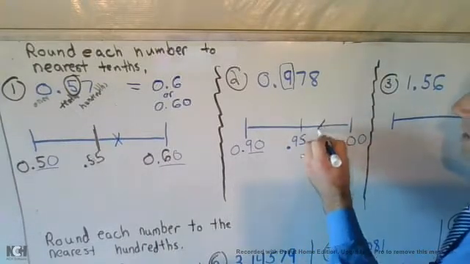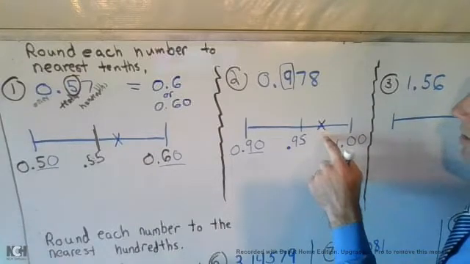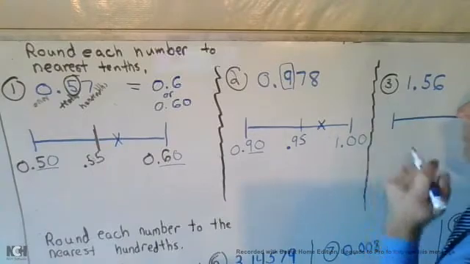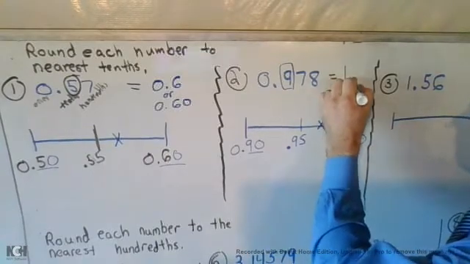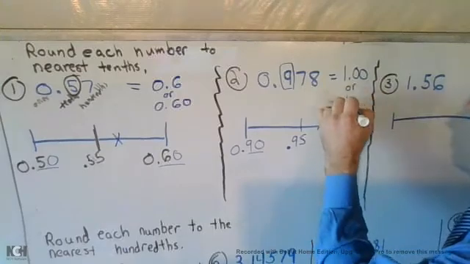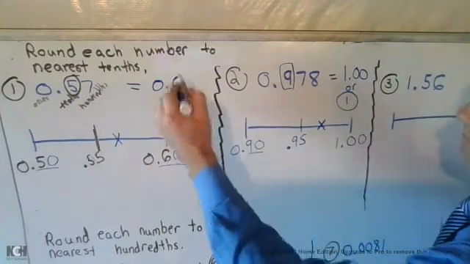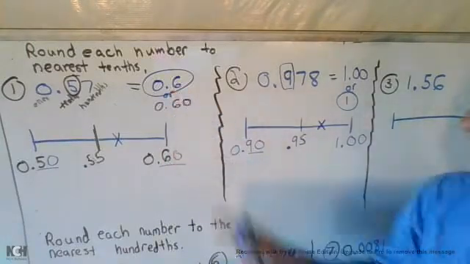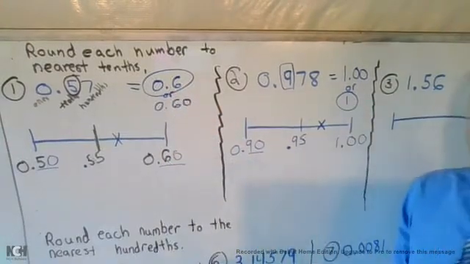And I can visually see now that this number is going to fall somewhere around here, 90. So therefore, I'm going to shift it up to 1 whole, or just say 1. So my first answer, I'm going to say 6/10. My second answer, I'm going to say just 1 whole.